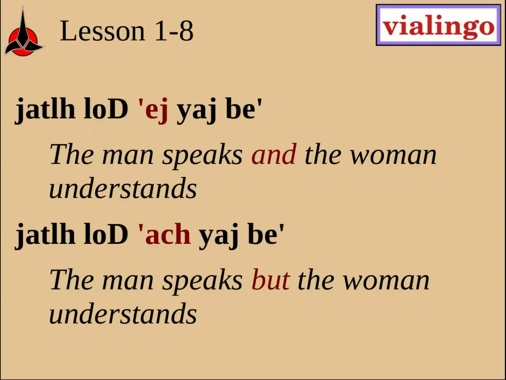The man speaks and the woman understands is jatlh lord, edge, yaj be. The man speaks but the woman understands is jatlh, be. You might find it useful to work out the two sentences separately before you try to join them.